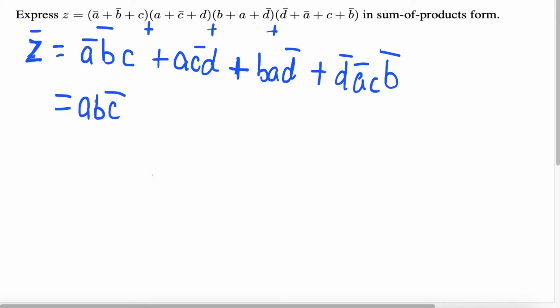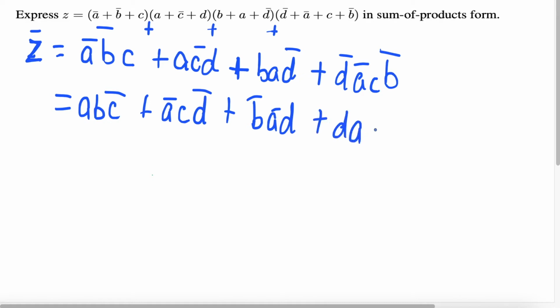So this becomes that because we invert the bars, plus A bar, C, D bar, plus B bar, A bar, D, plus D, A, C bar, B. Now, if you understand that, we can finally finish this equation. And this is the equation that we're going to first use to solve this problem.